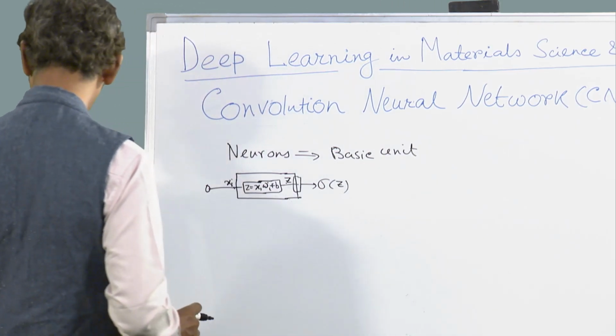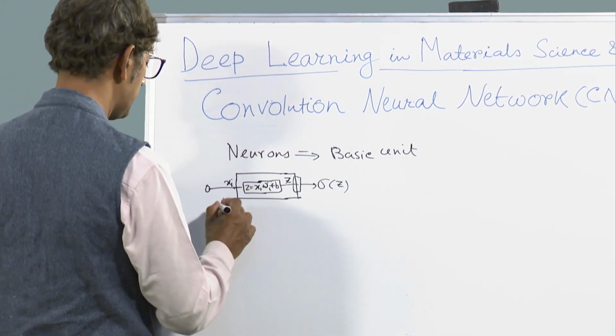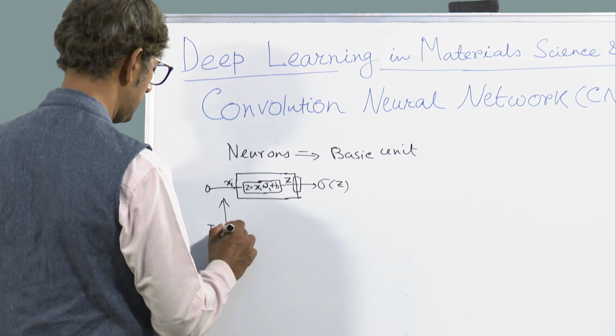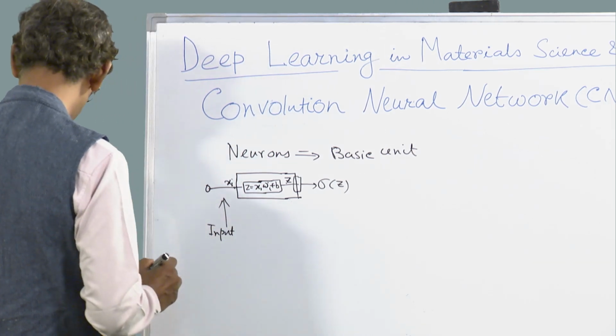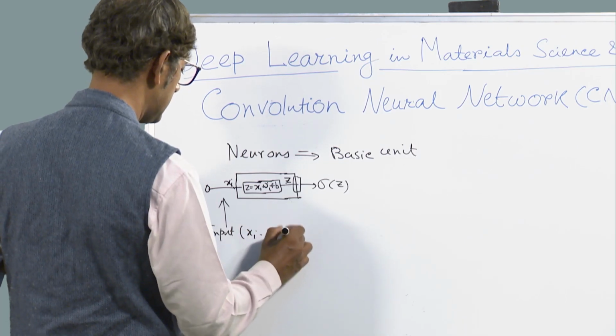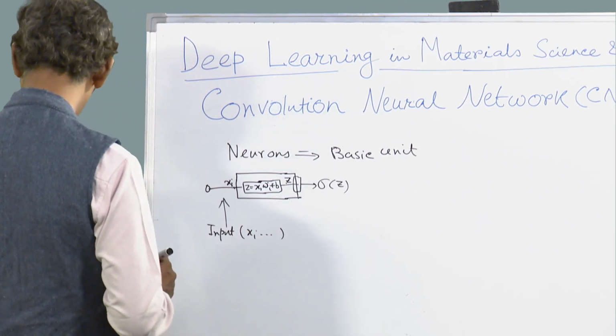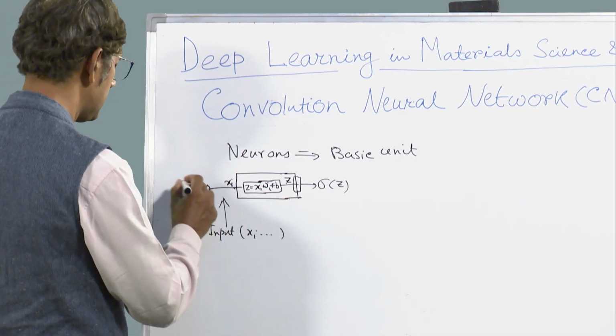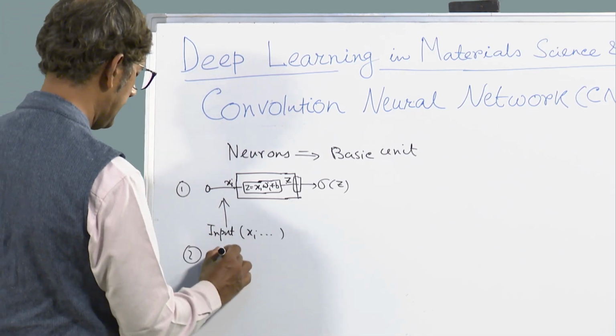Am I clear? So, this is your input, basically x_i, and then you can have hidden layers.